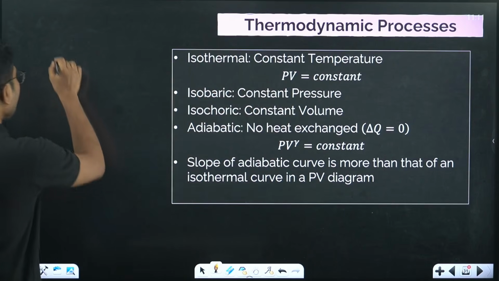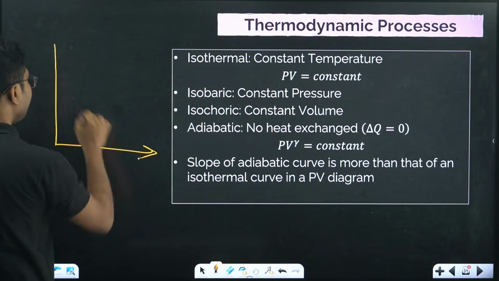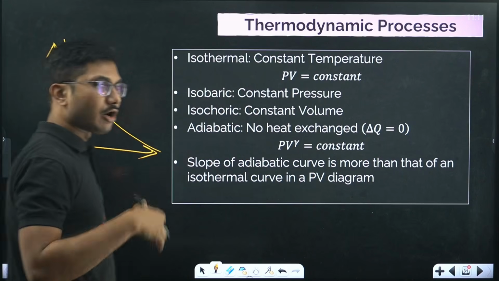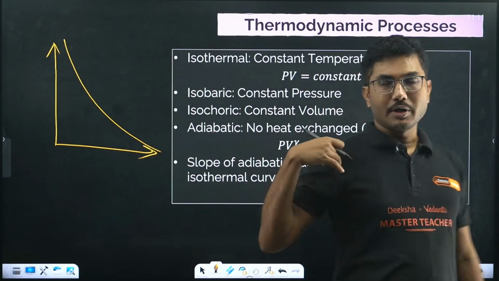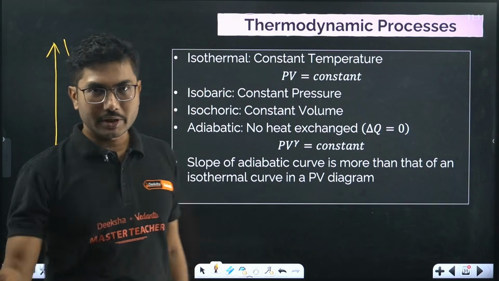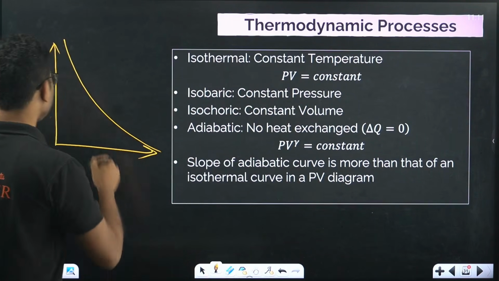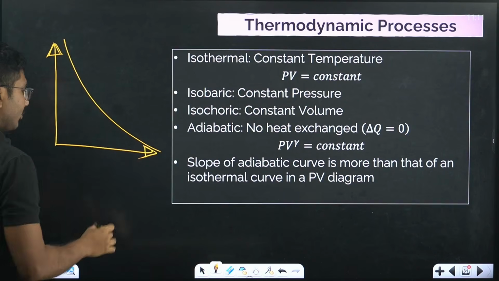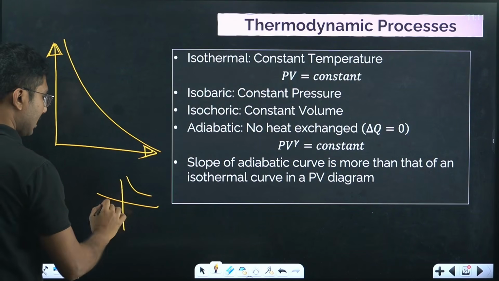And if you draw a graph of PV, in case of isothermal, it will be a rectangular hyperbola only in the positive quadrant, the first quadrant. The other quadrants obviously are not there. Gas pressure cannot be negative, volume cannot be negative, so that's why it is only in the first quadrant. You know the hyperbola, right? This is the hyperbola.